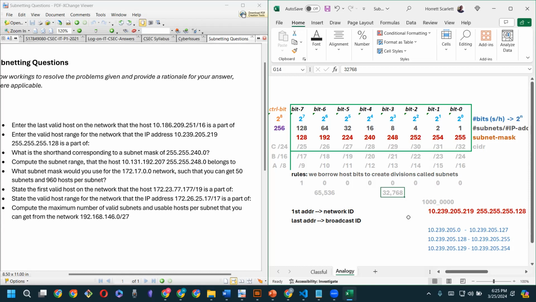And how many subnets do we have? Two, sir. So if we have 32,768 patterns in a subnet, and we have 2 subnets, when you multiply that by 2, what do we end up with? 65,536. Absolutely. And that makes sense, because we have taken the 65,536 and created 2 sections.